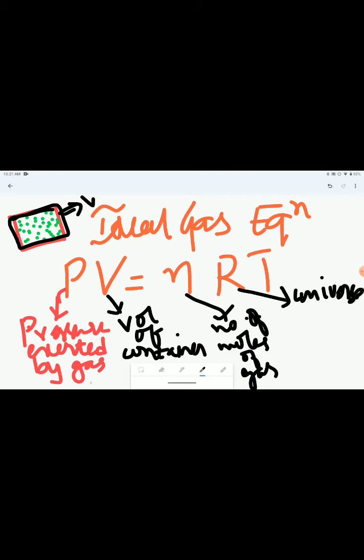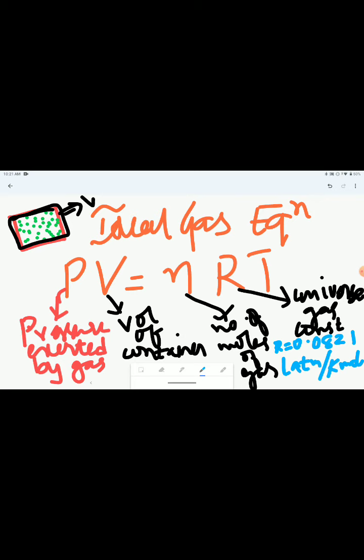R is the universal gas constant, and you should also remember this one. R is equal to 0.0821 liter atmosphere per Kelvin mole.